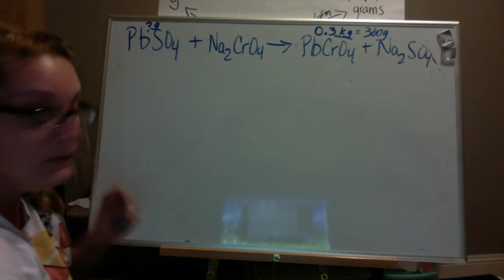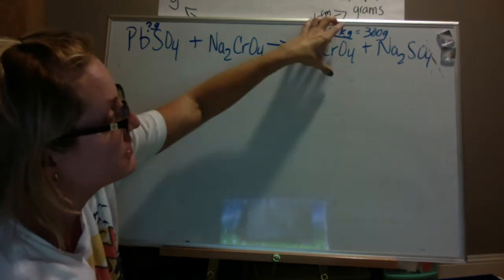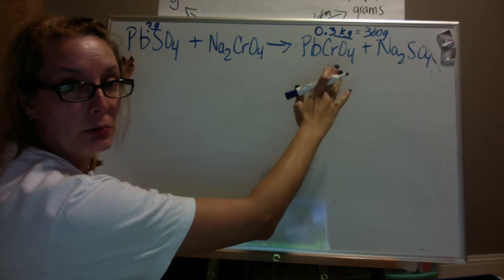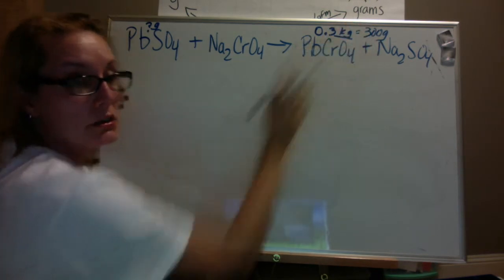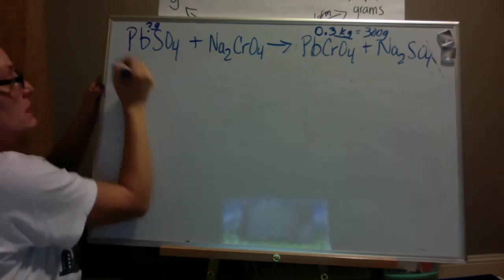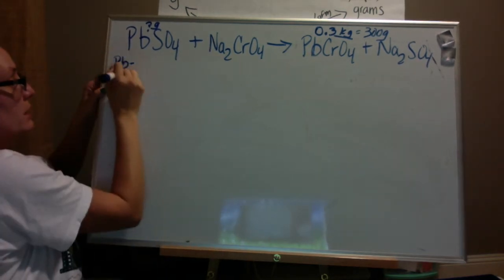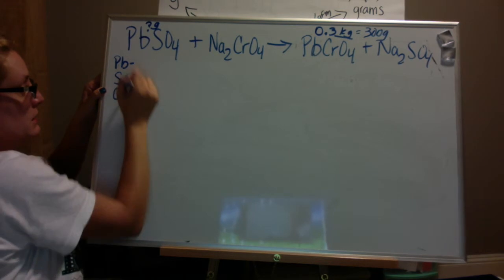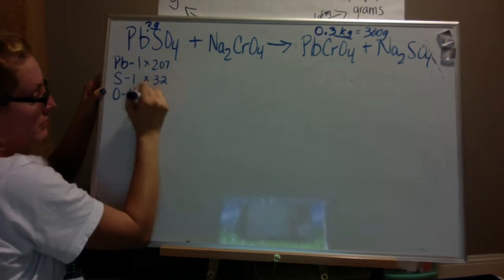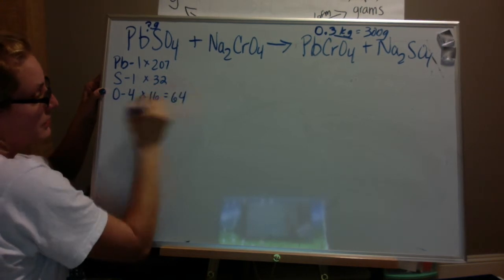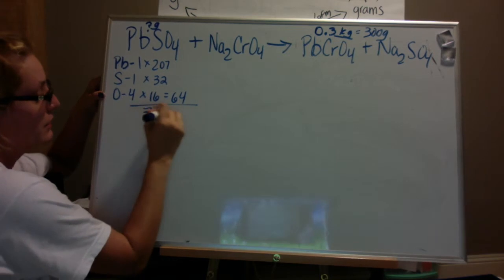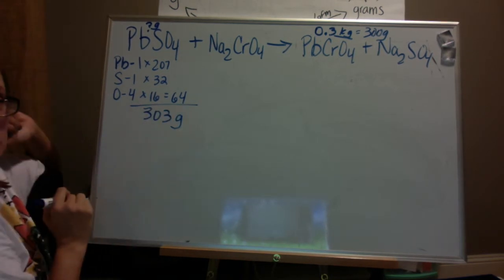So now I have to find the gram formula mass of this and this because these are the two things that are going to be in my problem. I'm given a gram amount. I'm asked to go to grams. So I'm going to find the gram formula mass of both of these. So that's where I list this. When I add all that up, I'm going to get 303 grams, right?